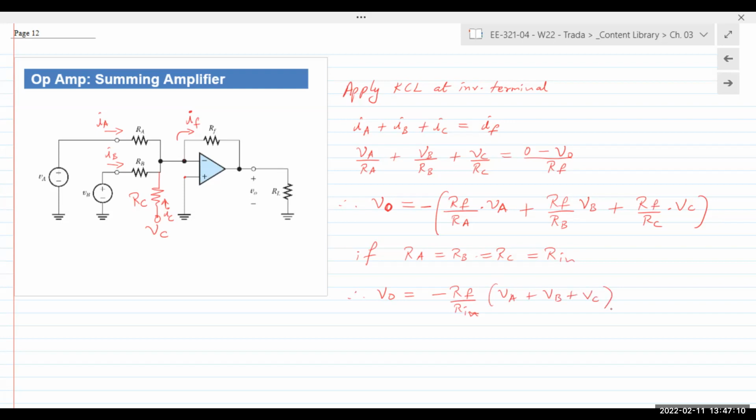So a summation of the inputs and inverting amplification. If we wish individual gain, then we change the values of RA, RB, and RC according to what we want, and we can change the gain of the input separately.